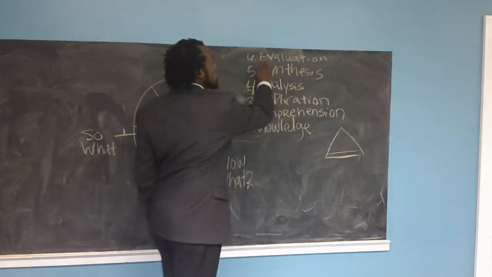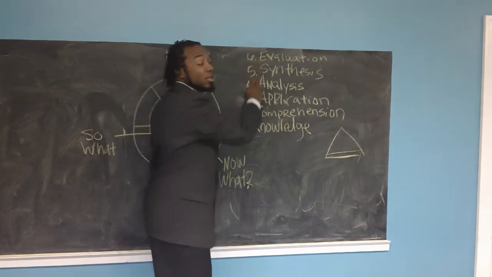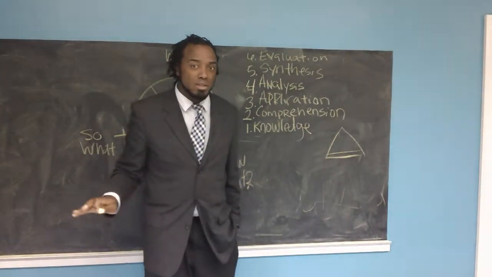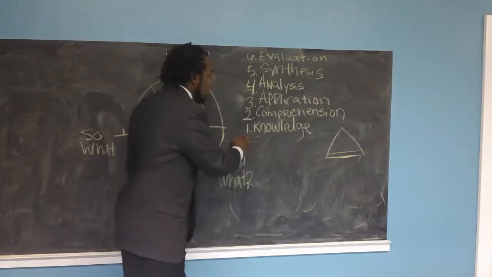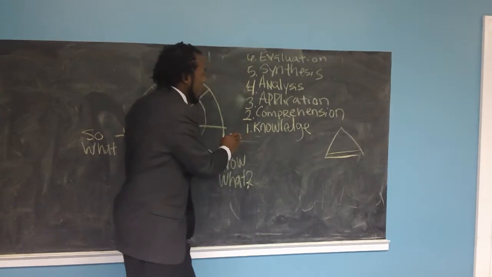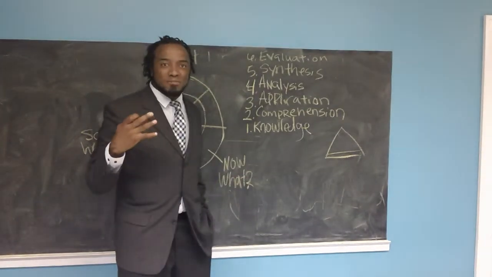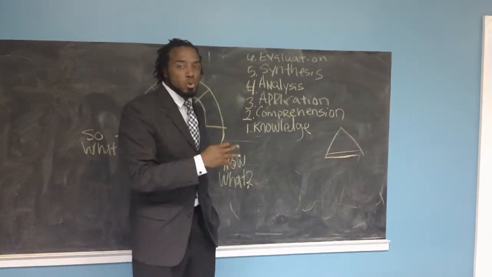So we want people who can make good decisions, based on all the criteria given to them. If we start at the base of this pyramid, knowledge has to be the foundation by which people start to build towards this evaluation.